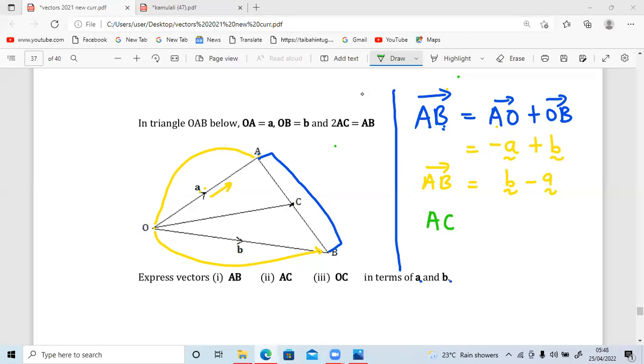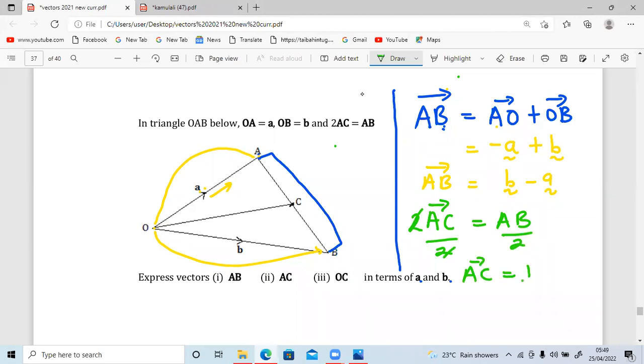Now we reach AC. They have told us that 2AC is the same as AB. We know that 2 is just a number, meaning you can easily remove it in a vector. So I divide this side by 2, I divide this side by 2, the 2 and the 2 cancel. I remain with AC equaling AB out of 2.